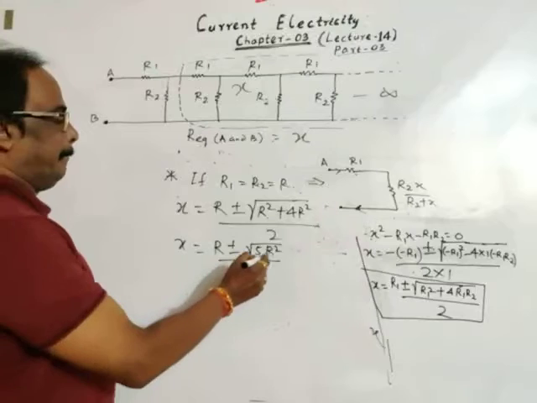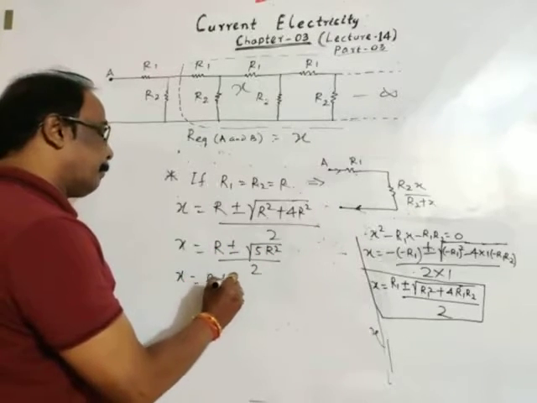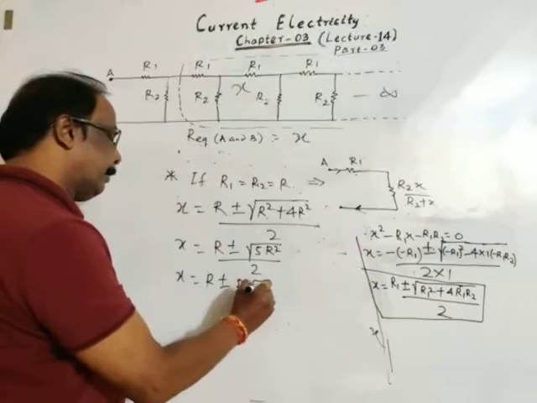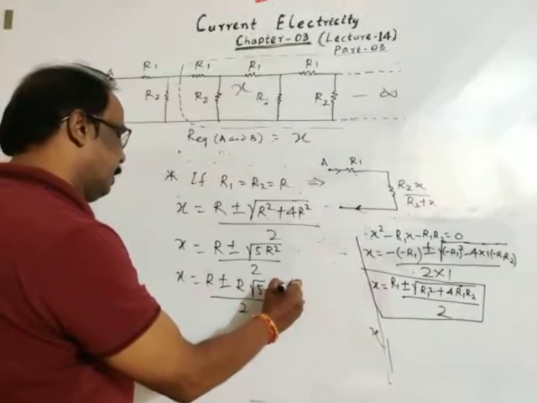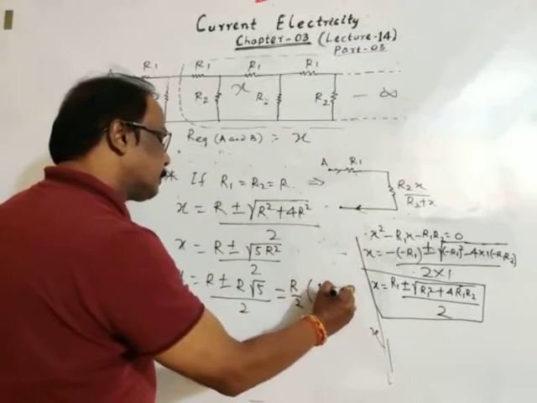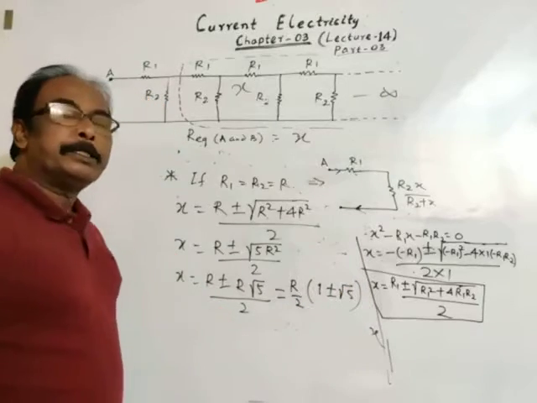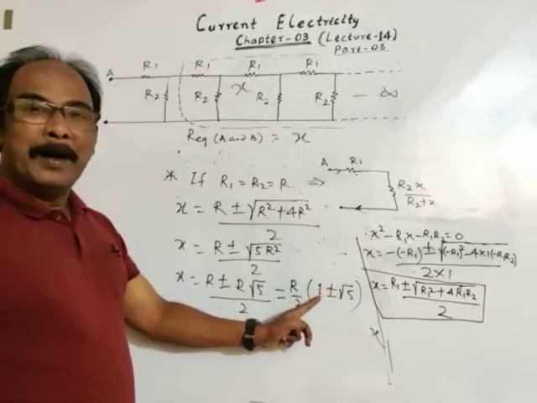Okay. Then R square, bring it outside. X is equal to R plus minus R into root 5 divided by 2. And finally you will get R by 2 into 1 plus minus root 5. This is our answer. But see, root 5 is greater than 1.